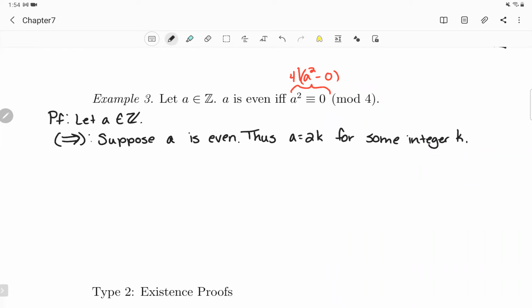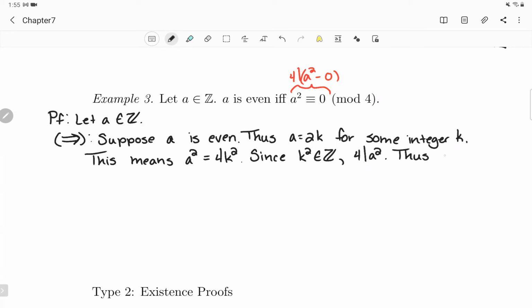My goal deals with a squared, so I'd better square that. So this means a squared equals 4k squared. Since k squared is an integer, 4 divides a squared. Thus, a squared is congruent to 0 mod 4.